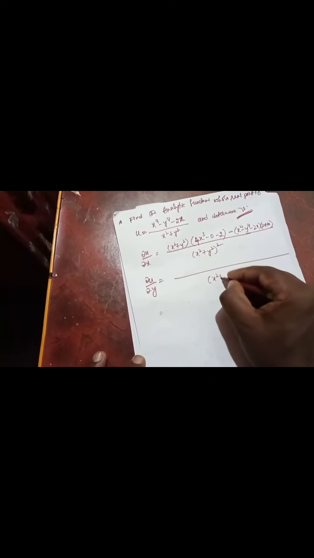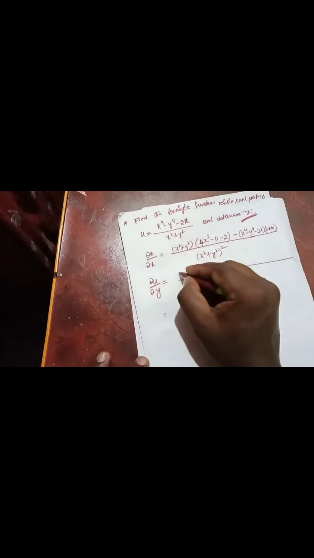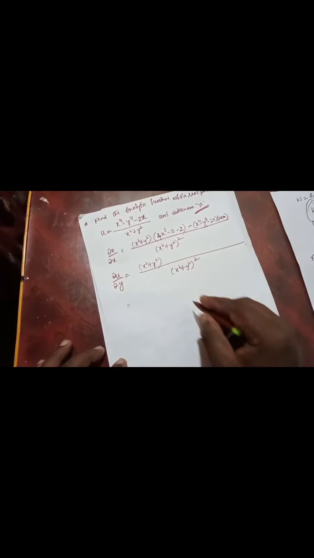Dou u by dou y, here differentiating u partially with respect to y. Here also we have to apply the quotient rule, that is x square plus y square whole square. So write the denominator square in the denominator, write the denominator as it is in the numerator, that is x square plus y square.